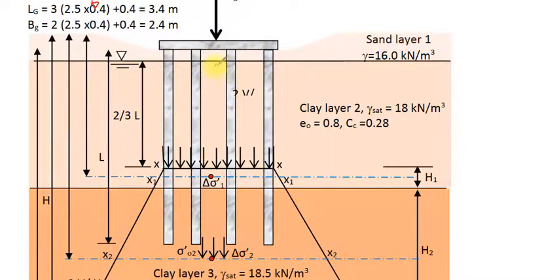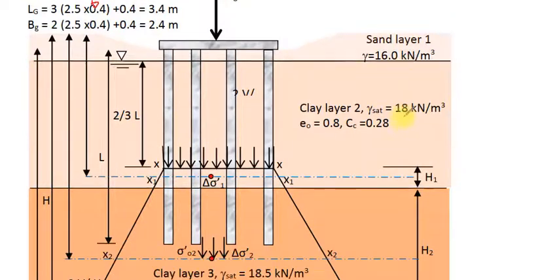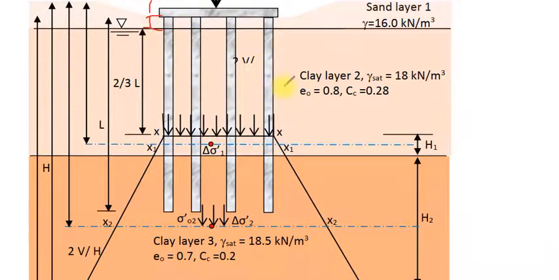Now this figure shows us the soil profile and the pile group. In this view there are 4 piles and the layers. The first layer is the sand layer, 1 meter above the ground level and 1 meter below the ground level.